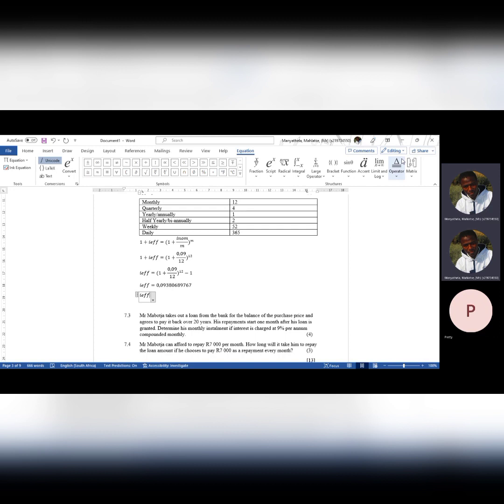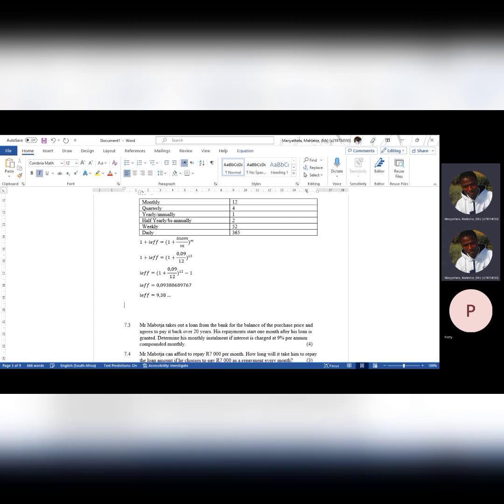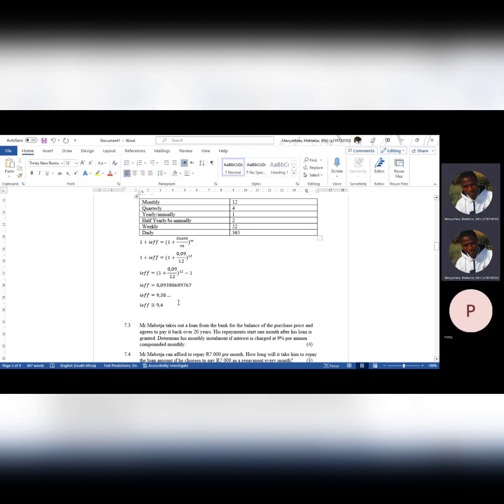If you multiply it by 100, it gives me 9.38 as it continues. So let's round it off to one digit. Because it's 9.38, it will be 9.4, approximately equal to 9.4%.